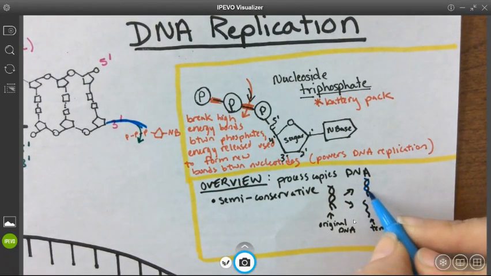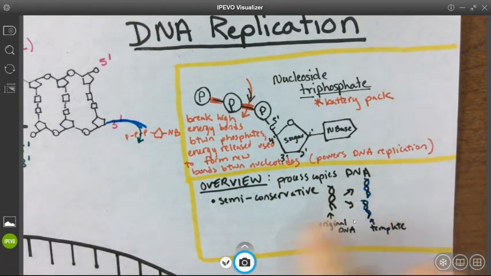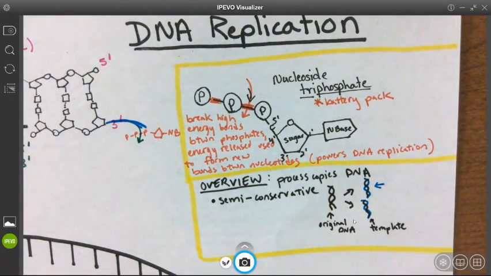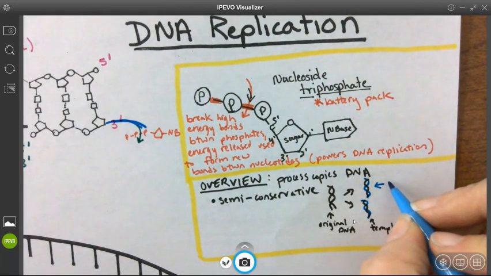So here's my new DNA nucleotides. So at the end of this process of DNA replication, each DNA molecule is made up of one original strand of DNA and one new strand of DNA, but the end result is the same.